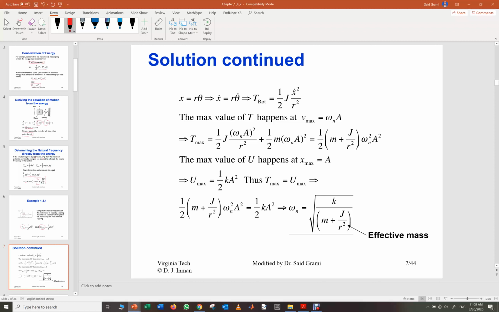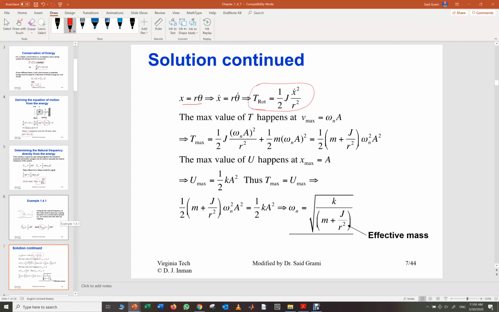Now x in the system is r theta, so there is a relationship between r and theta. x dot is r theta dot. So T rotation is half J x dot squared over r squared, where we substitute theta dot by x dot over r. So we get this equation for T rotation.